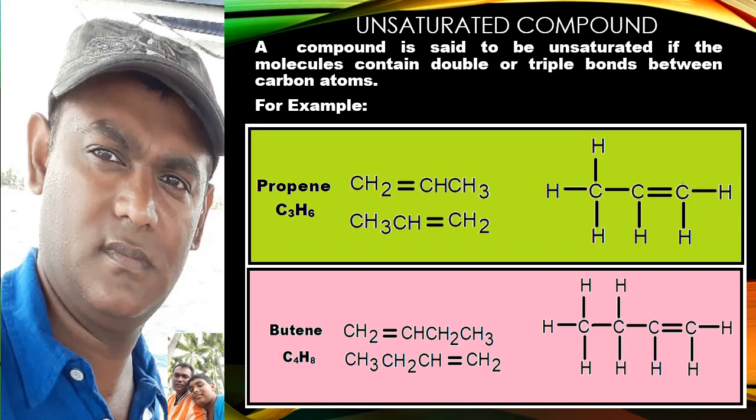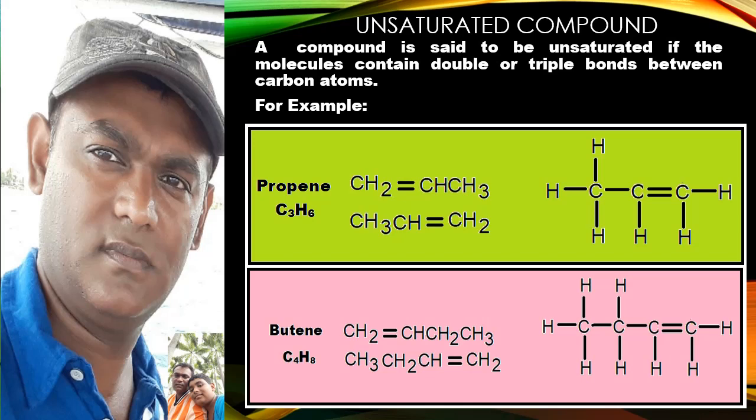The third carbon atom is attached with a double bond to the second carbon atom, and it has 2 more bonds with 2 hydrogen atoms. You should remember here that each carbon atom must contain a total of 4 bonds. It cannot contain either less or more than 4 bonds.